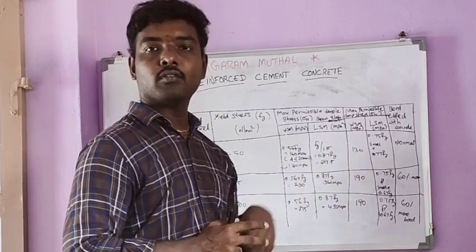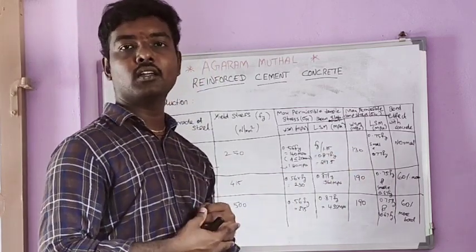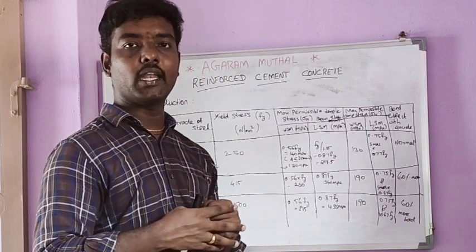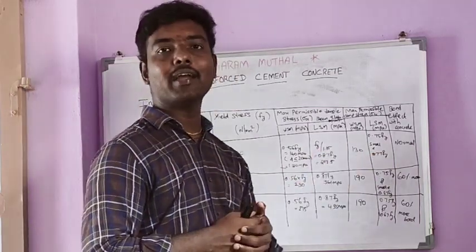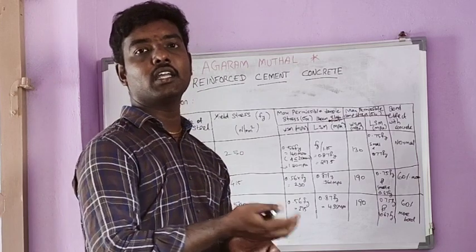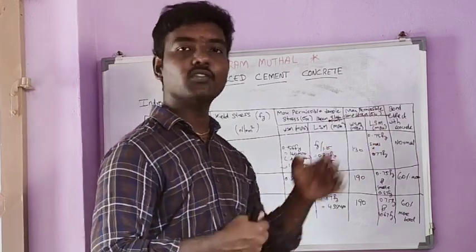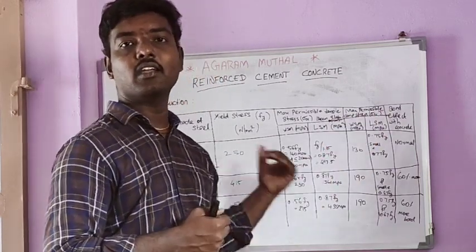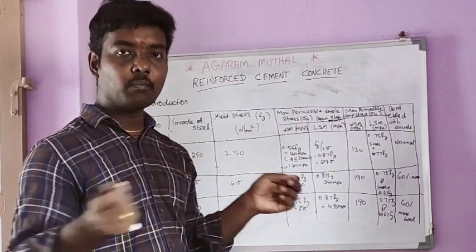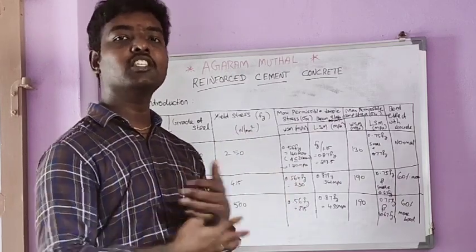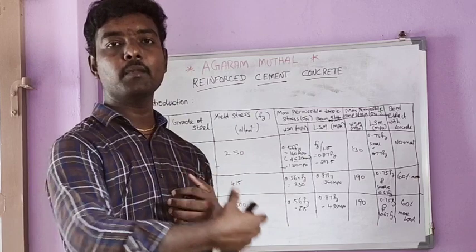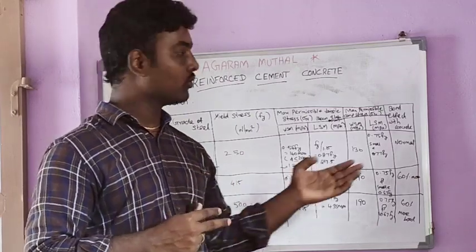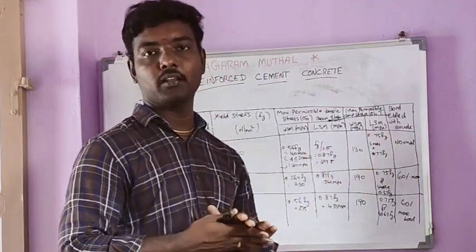But if the eccentricity is smaller, less than 1, we use 0.77 times the yield stress. And for bond strength, Fe250 is a plain bar, so there won't be much effect on the bond between the steel and the concrete. It is normal.